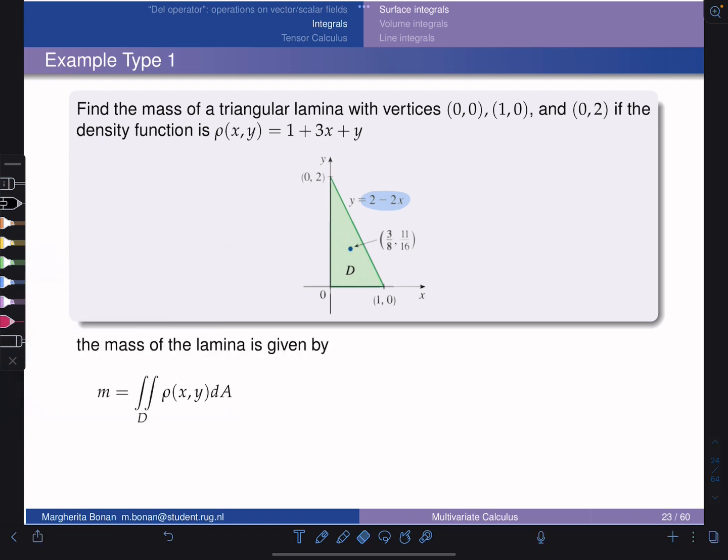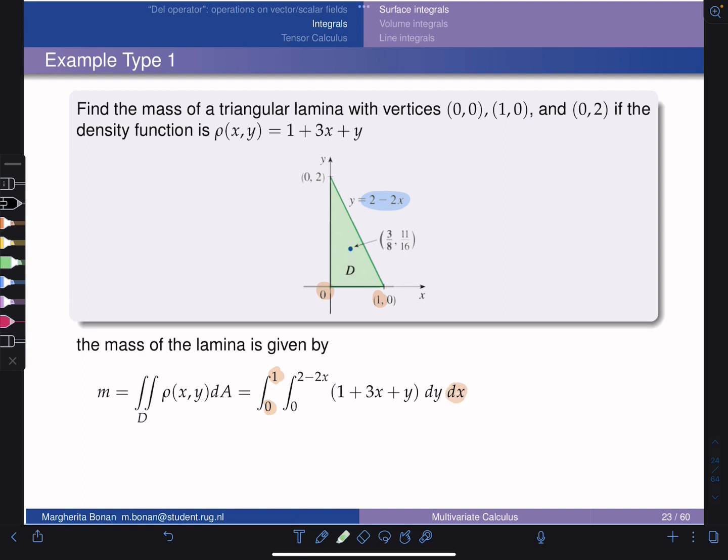We know that the mass of the lamina is given by this formula, so we just integrate the density of the lamina over the region. Proceeding like with the formula we just saw, this is equal to the integral from 0 to 1, because x can go from 0 to 1, corresponding to the dx.